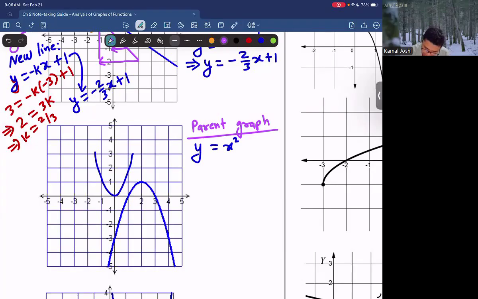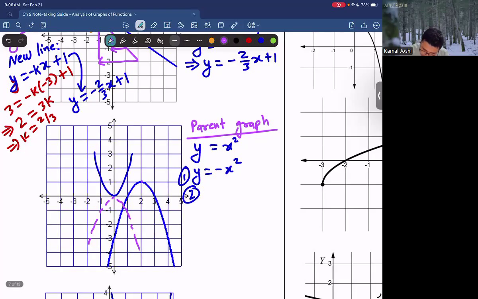Let's say first you decided to reflect it, right? Because this is facing down. You reflect on the x-axis, your equation is y equals minus x square. Okay, so call it step number 1. In step number 2, you have shifted it. Now your new vertex is at 2 comma 1.